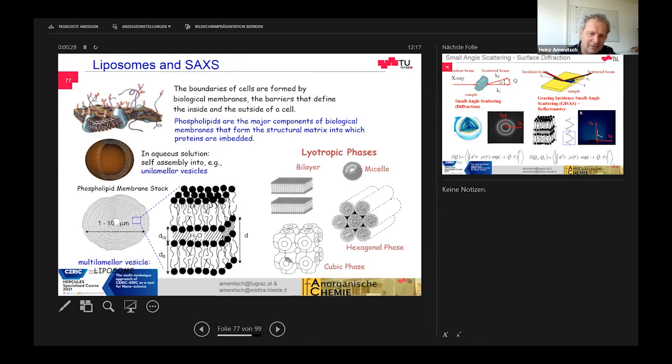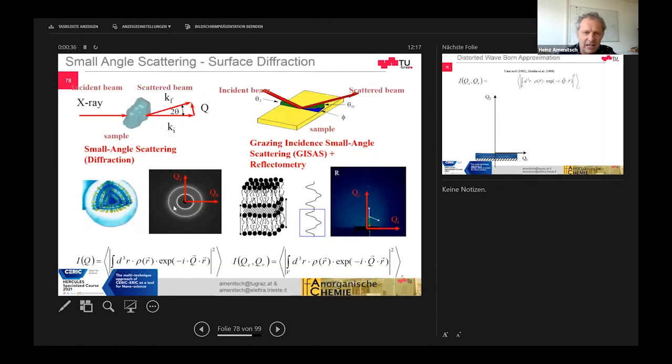And we want to look at exactly these structures, either in solution or deposited on surfaces. In one case, if you look at the solution, you would get these ring-like structures. So you measure this in scattering patterns.